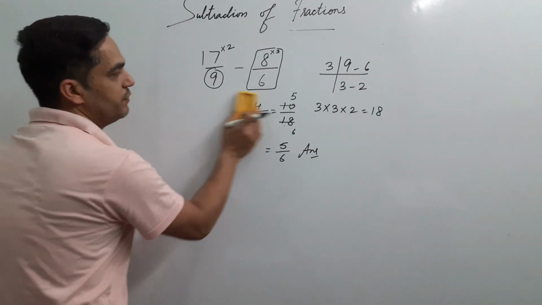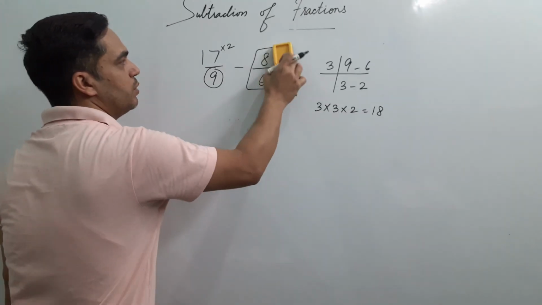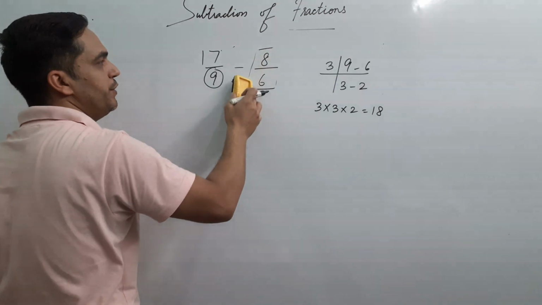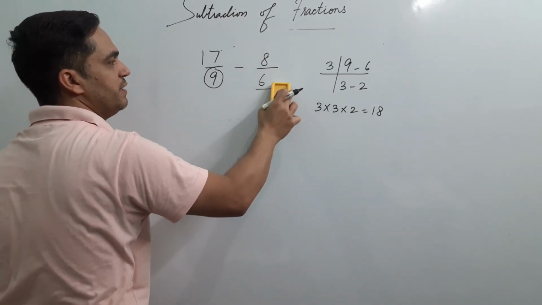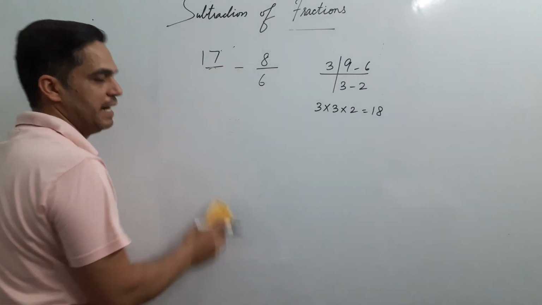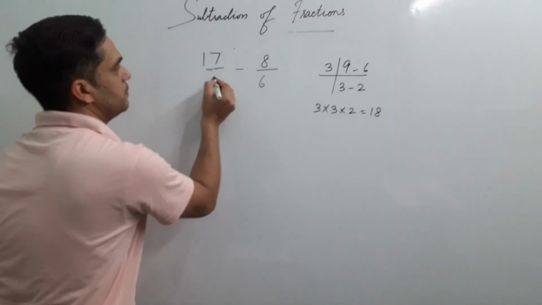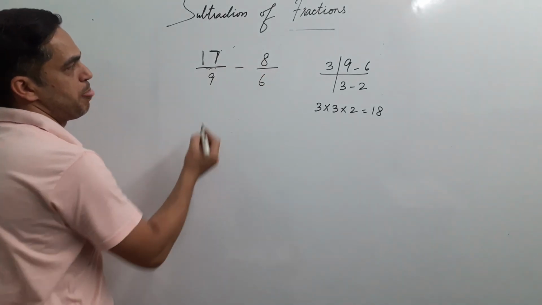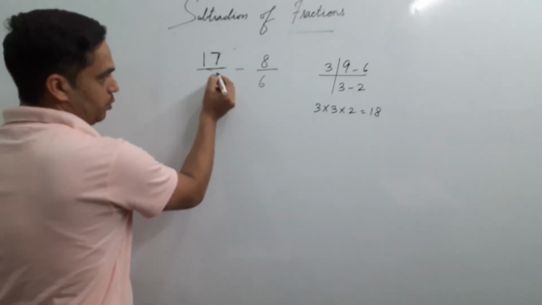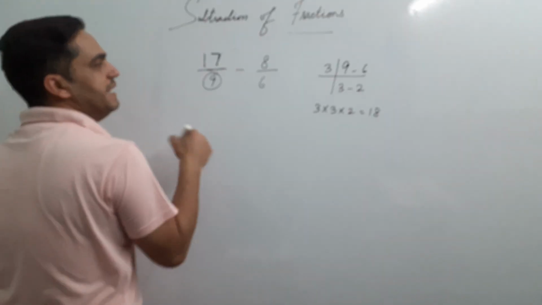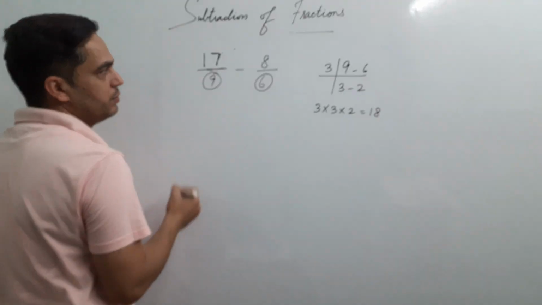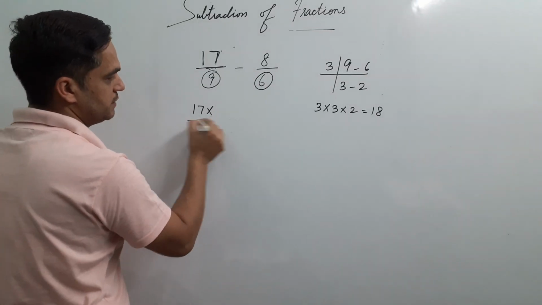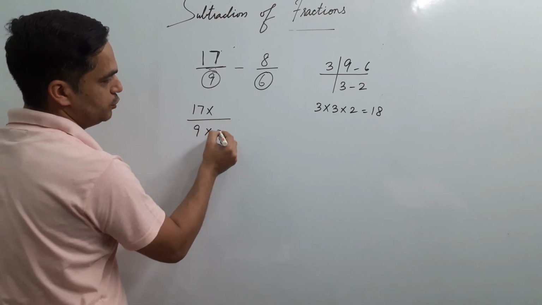If there is any confusion, you can convert these fractions into equivalent fraction that we did in addition also. This is 17 by 9 and this is 8 by 6. We have to convert this 9 into 18 and 6 also into 18. So 17 into what will give you 18? 2.